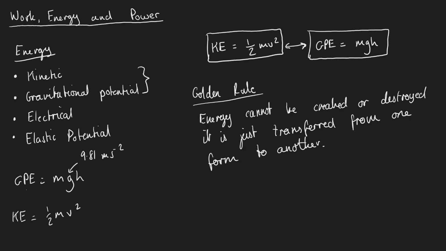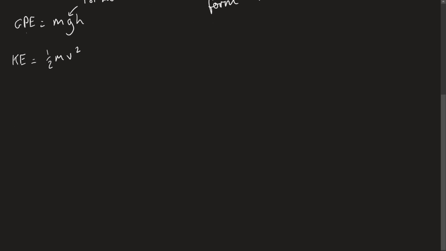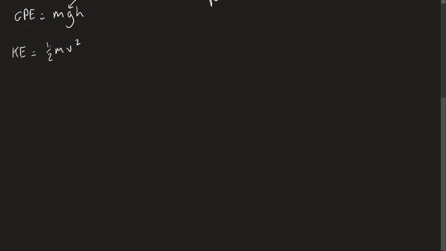We can usually equate these two. So let's say we start with an object, let's say this is ground level and this is where the object starts, and these are 10 meters apart, okay? And we want to know how quickly, so at this point here, what is v going to be? That's our objective. We could do this a few ways really.